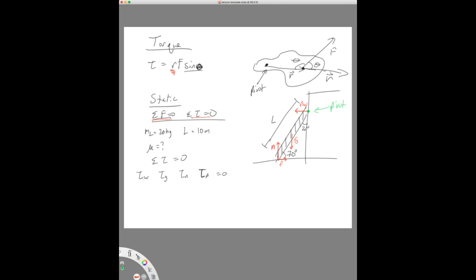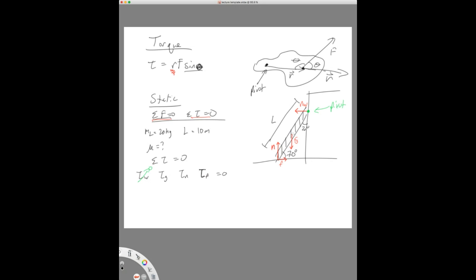So if I do that, the torque from the wall cancels out. And now that I've chosen the pivot point, I am allowed to determine the signs of these torques. So we remember that torque is going to be positive if the force would make the object want to go counterclockwise around the pivot point. Even though this thing's not moving, we imagine it could swing around this pivot point.